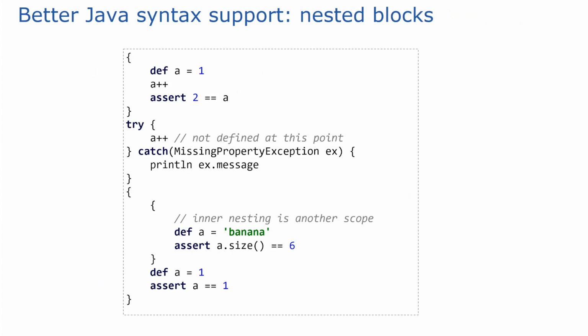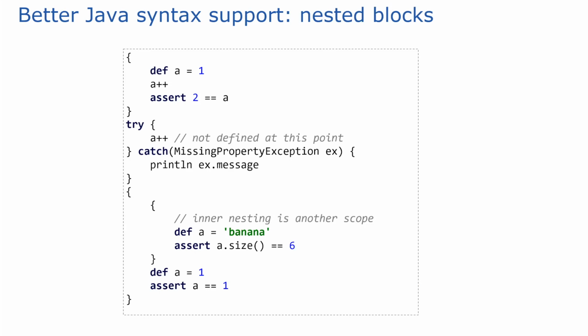Nested blocks. So if I just start an arbitrary curly brace in my code in Java, that creates a new nested block. And again, because of the potential ambiguity with closures, we didn't support this, but now in a place where a closure can't be, you can just start a new curly brace, put a block of code, and it'll know, oh, it can't be a closure at this point.